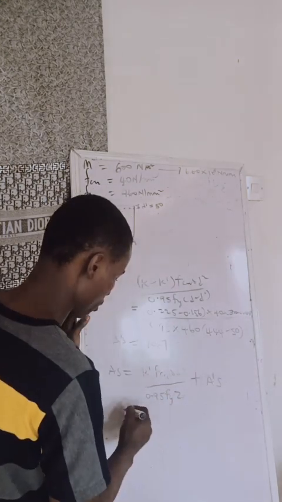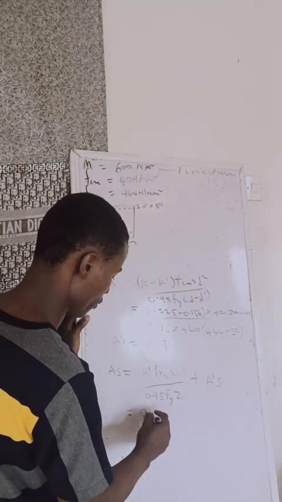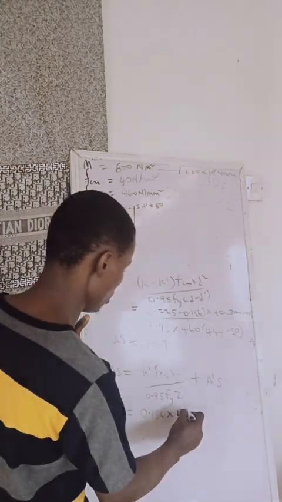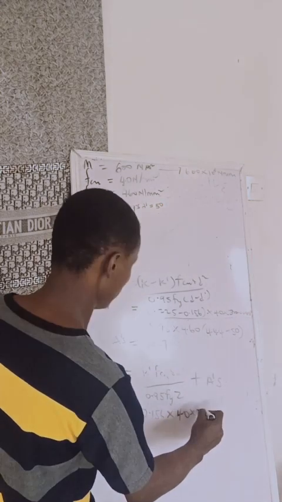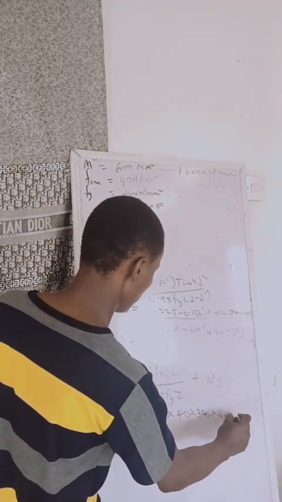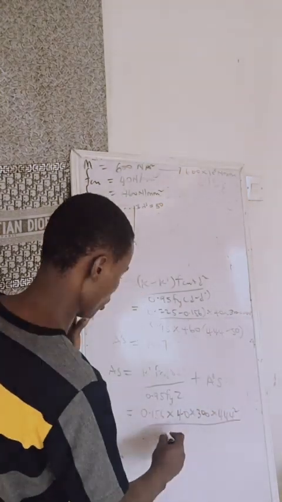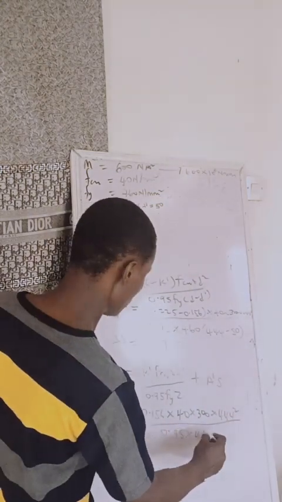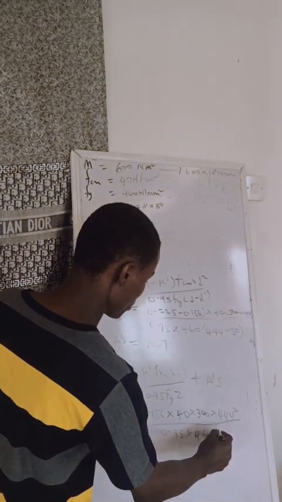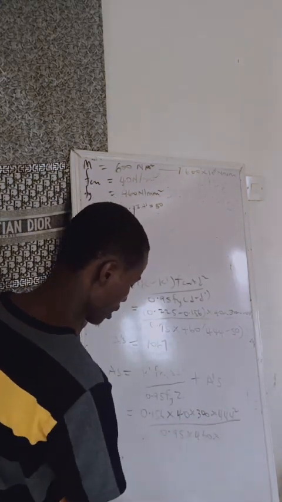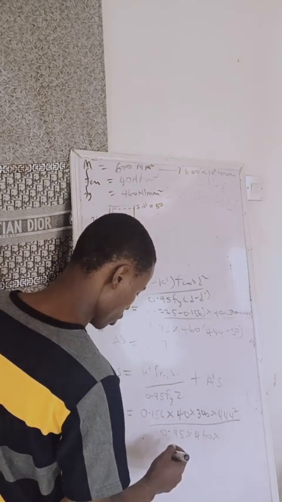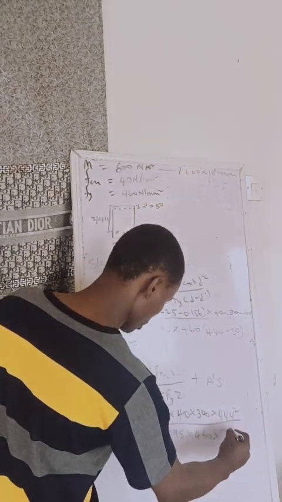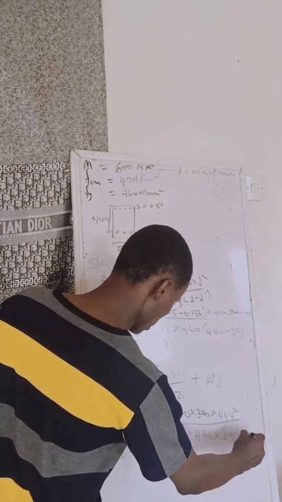So your K prime is 0.156, that's constant, multiplied by fcu, which is 40, multiplied by b, which is 300, multiplied by 444 square, all over 0.95 times fy, which is 460, multiplied by z, the lever arm we got earlier, 346.3.